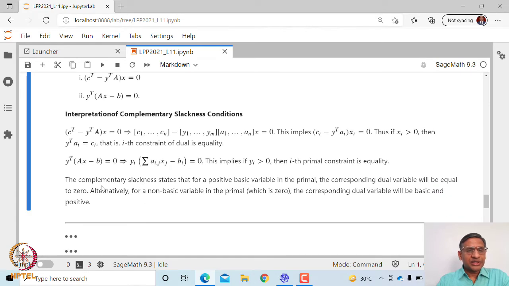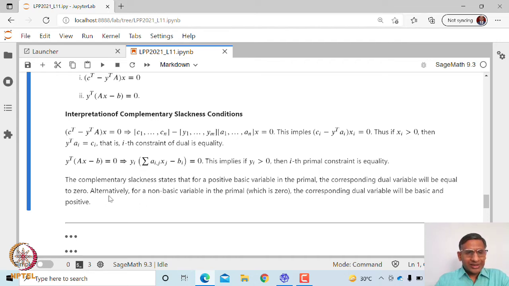Now you can further interpret the complementary slackness condition as saying that for a positive basic variable in the primal, the corresponding dual variable will be equal to 0.